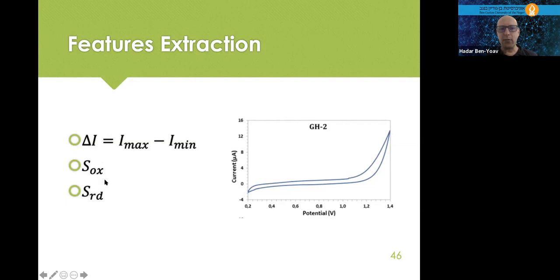The next feature was S oxidized, meaning the slope. This is the oxidation current. So the highest slope at the oxidation area, and the highest slope at the reduction area.